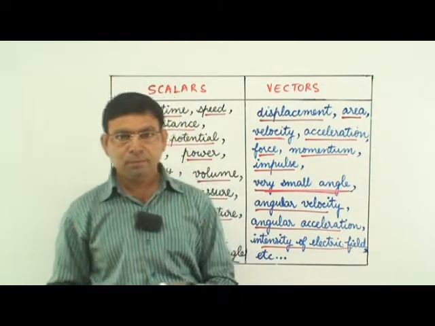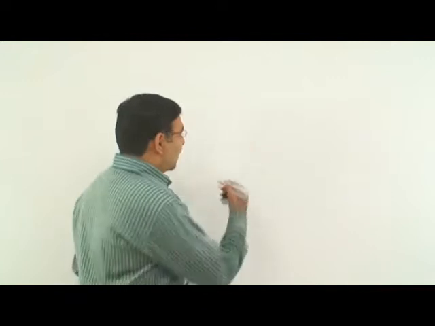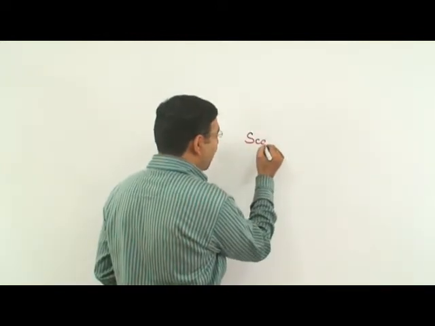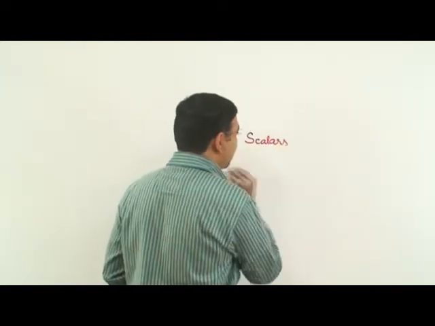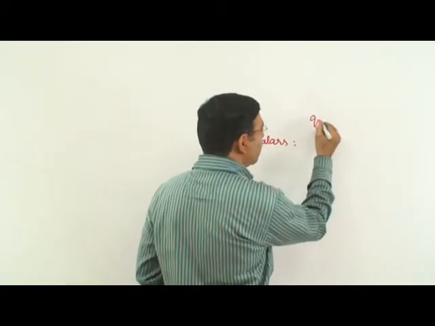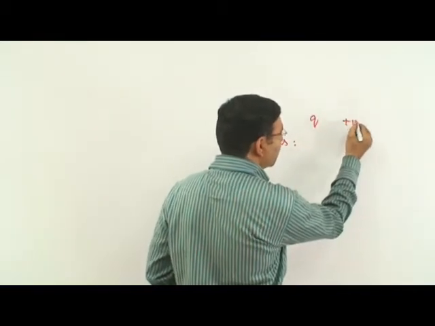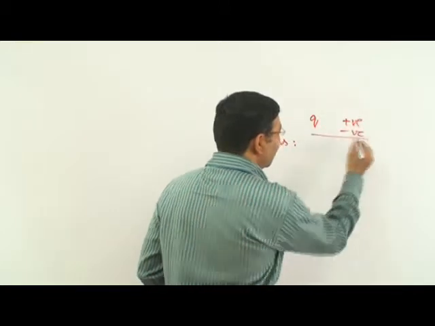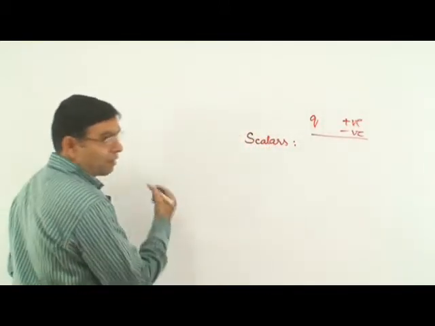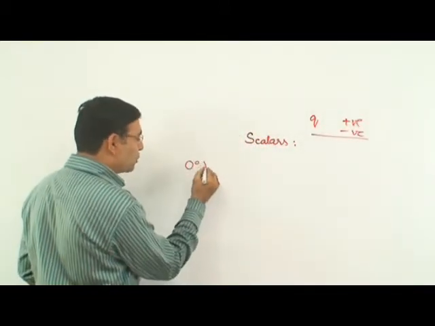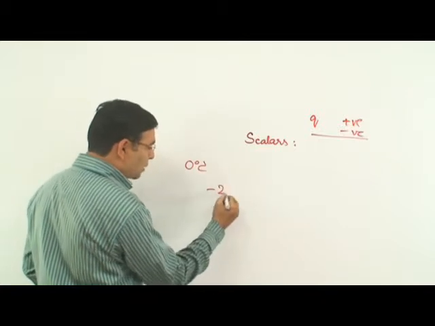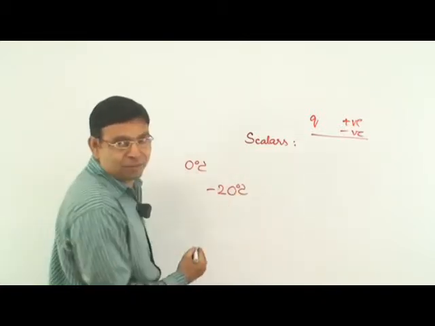Okay, mind you, scalar quantities can be both positive as well as negative. For example, electric charge is a scalar. You can have a positive charge as well as negative charge. In fact, in cold countries you might be knowing temperature goes below 0 degrees Celsius. It could be minus 20 degrees Celsius outside.